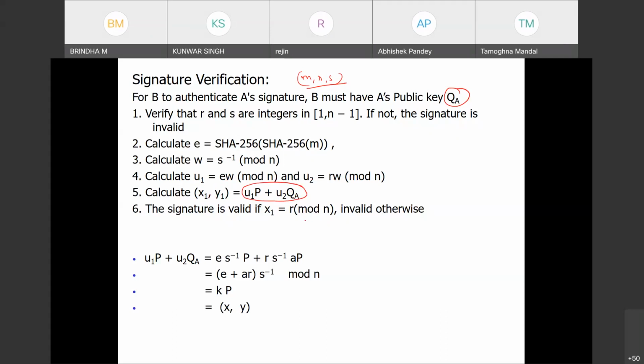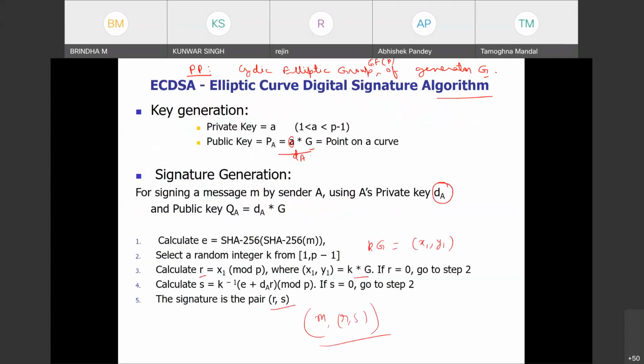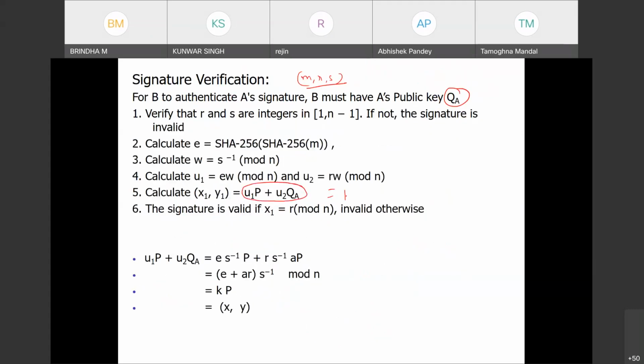And if you remember, X1, Y1 is KZ. So basically it is claimed that this is KZ, and the first coordinate will be R1. If X1 equals R1, you say yes, verified. If it doesn't equal R1, you can ignore the signature. You can say the signature is not correct, not valid.